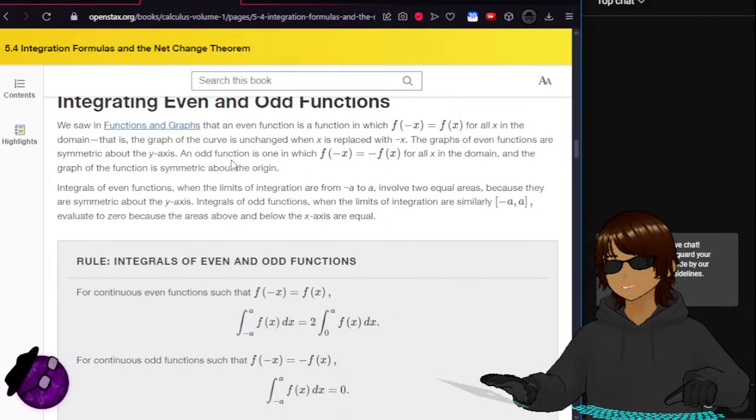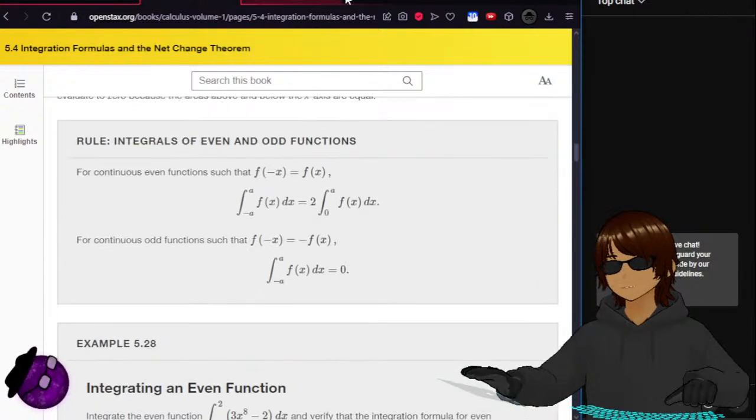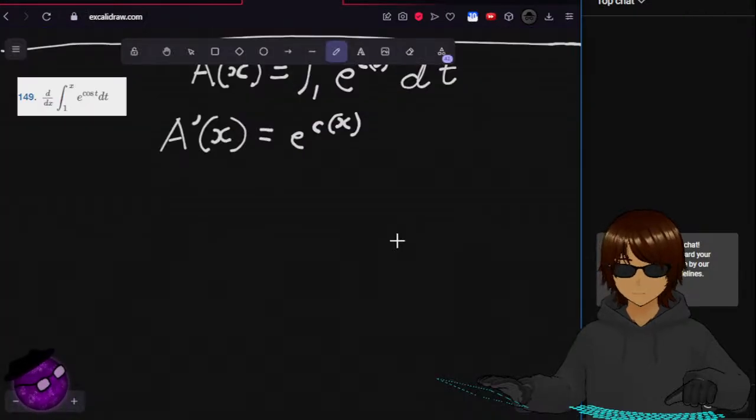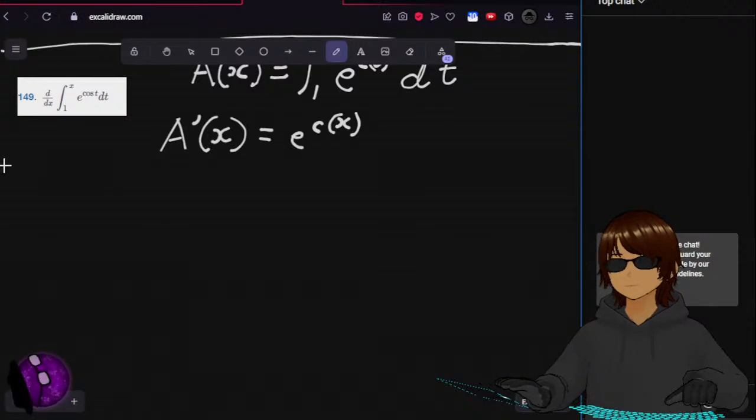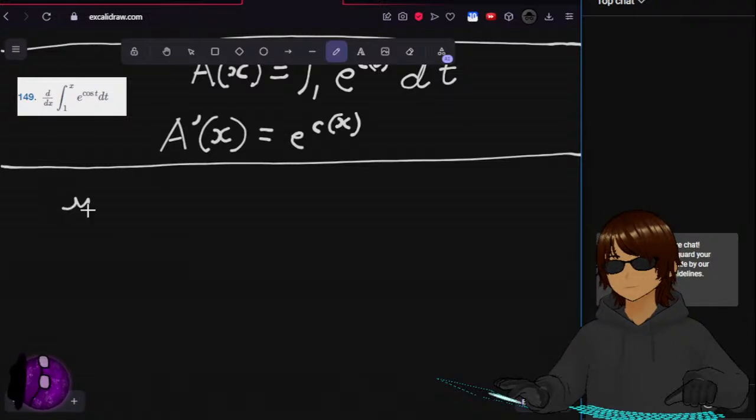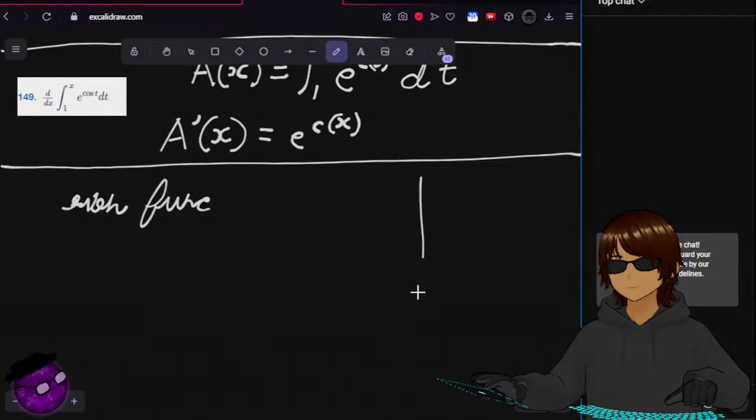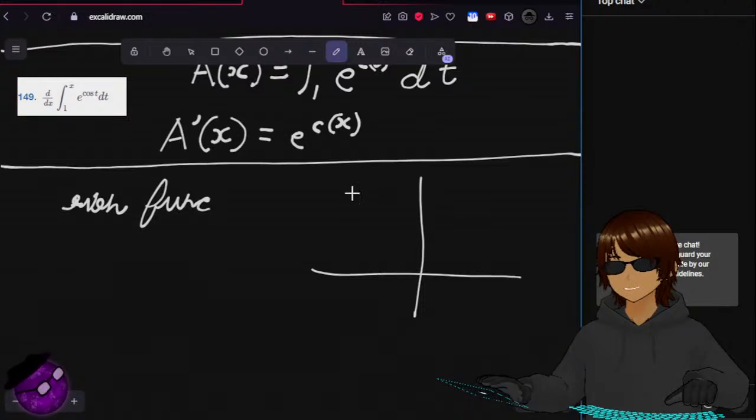Integrating even and odd functions. Oh yeah, for this. For an even function, this side and this side would be like a reflection. Basically, if you have something like this, it's not even drawn properly.